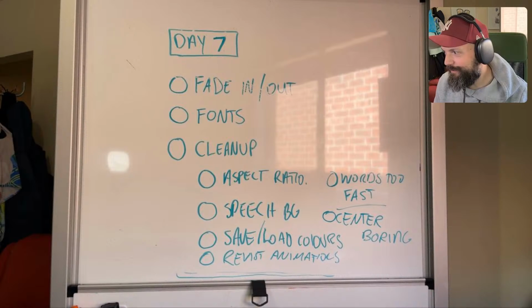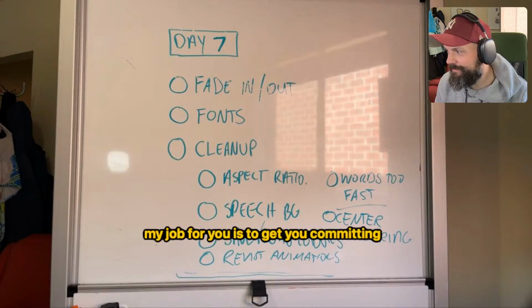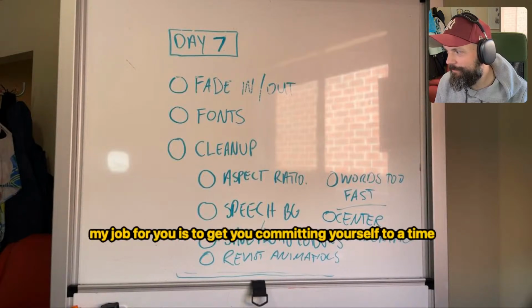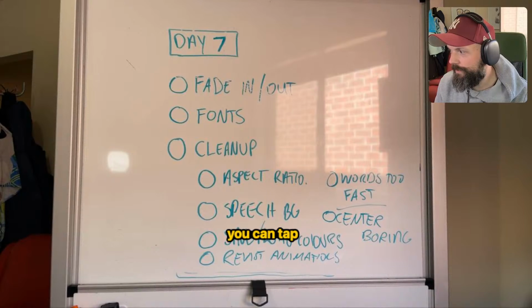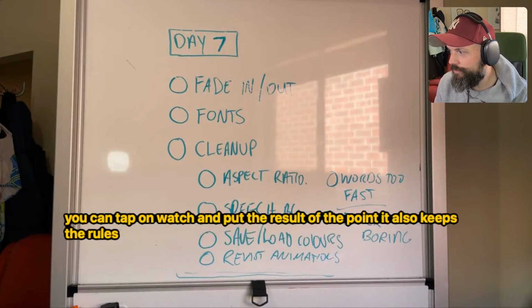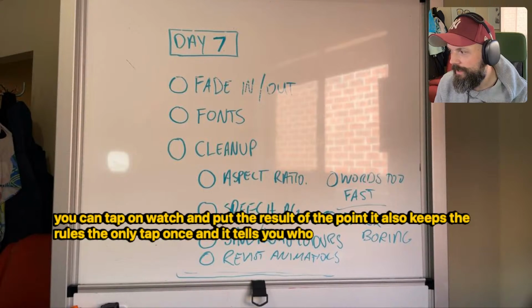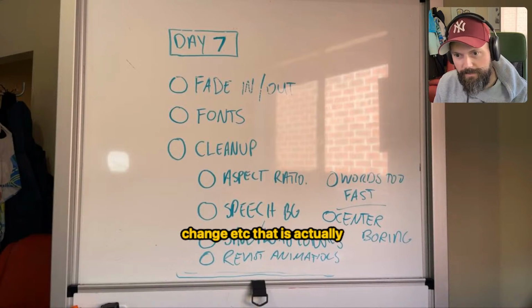Part of my job for you is to get you committing yourself to a time frame. I play tennis, so I'm doing a score tracker. So you can tap on the watch and put the result of the point. It also keeps the rules, so you only tap once and it tells you who should serve, when to change, etc. That is actually a good idea.